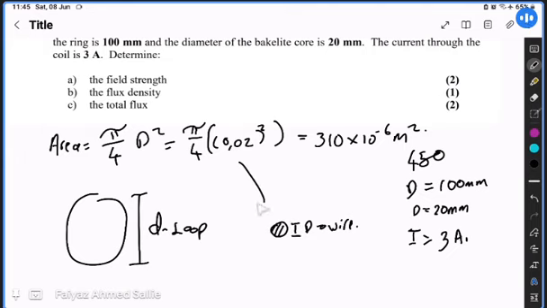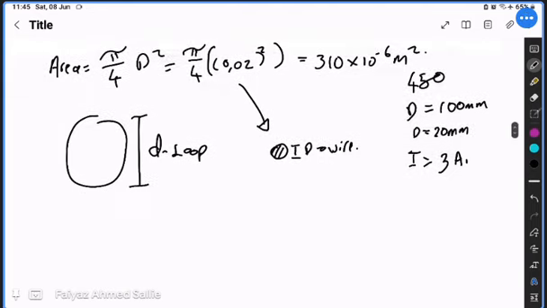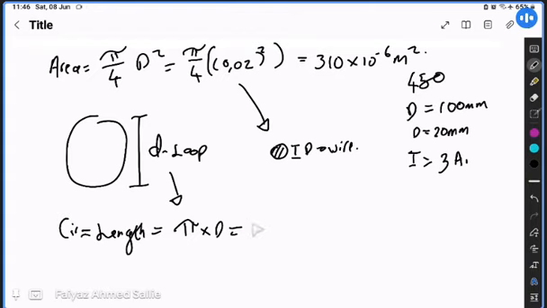So we have two diameters. So the area is for the first diameter. For the second diameter, we have to calculate the circumference. So the circumference is equal to the length, which is equal to pi multiplied by diameter. So we're going to use pi and a diameter of 100 millimeters, which is 0.1 meters.